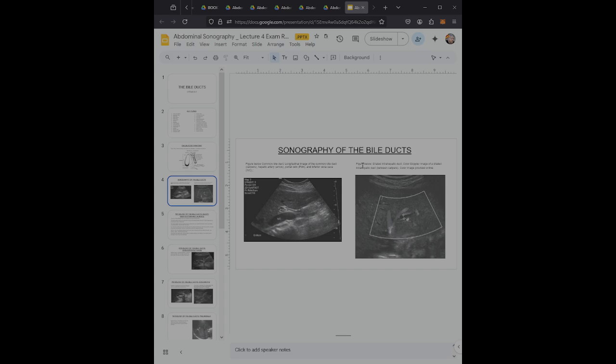In general, we're looking for a common bile duct diameter that is less than 6 millimeters. If it is greater than that, we consider this abnormal, and we should ascertain the cause.